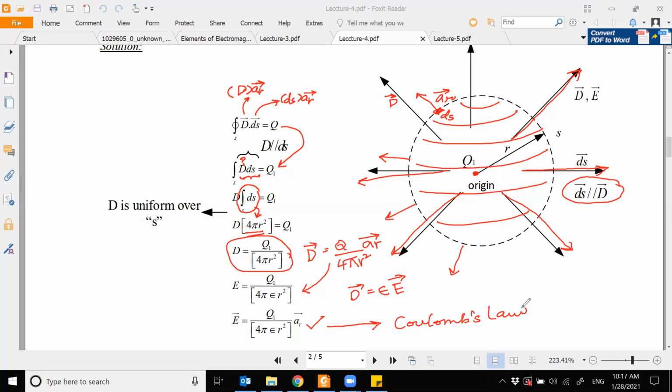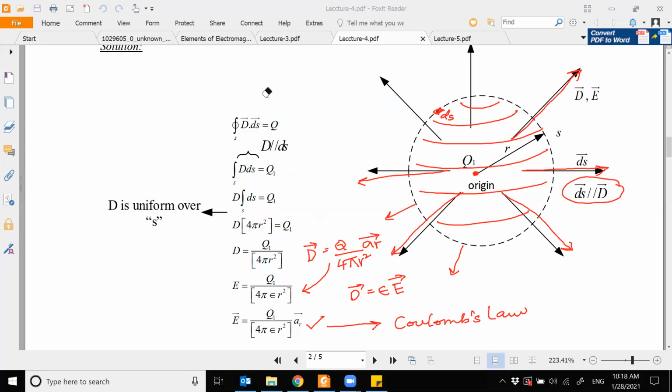When we used Coulomb's law, what is happening? We used Gauss's law, and from that Gauss's law, we derived Coulomb's law. So if from Gauss's law we derived Coulomb's law, then Coulomb's law is no longer the fundamental law.